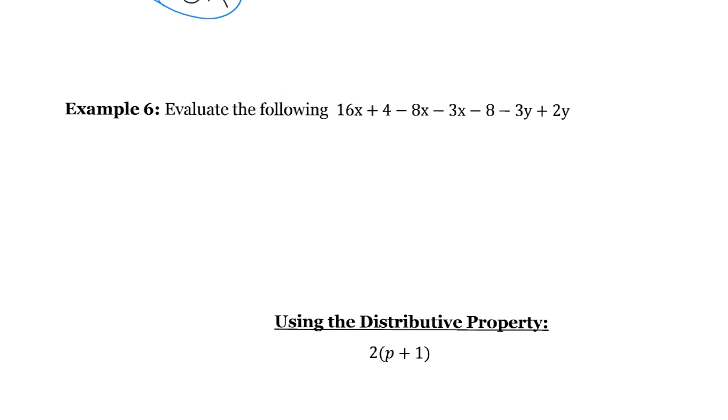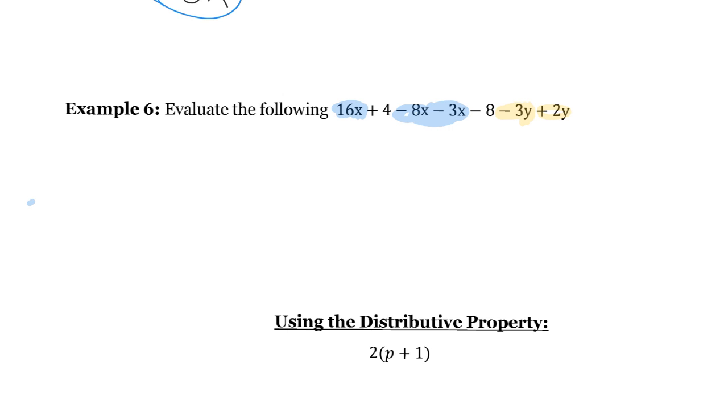So example 6. I hope you're looking at this and noticing something. There's x's, and then there's y's back here. They are not the same variable, so those are not like terms. Our x's are like terms, and our y's are like terms with each other respectively.